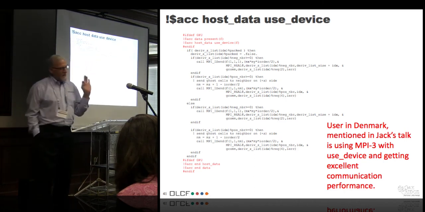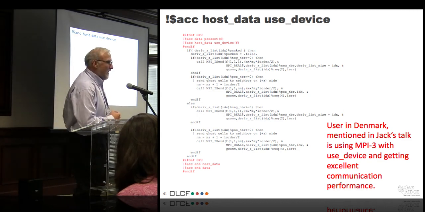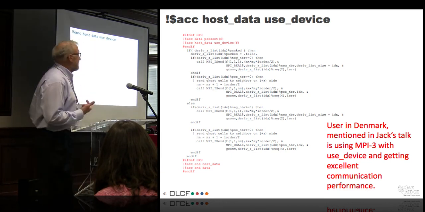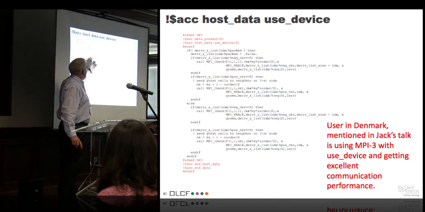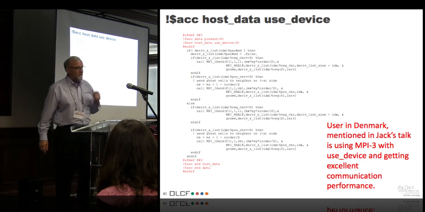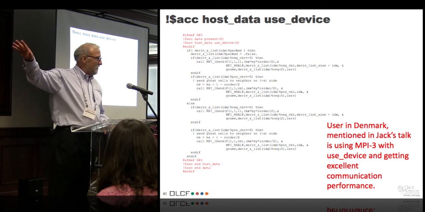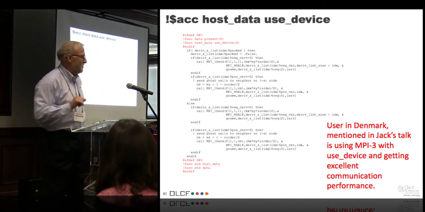Now, it turns out on our system, the MPI library looks at the size of the message. If these messages are small, then it does go directly to the interconnect without going through host memory.